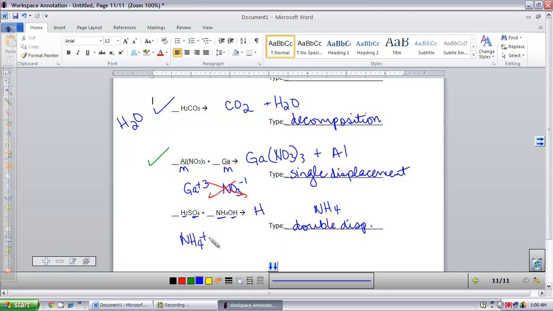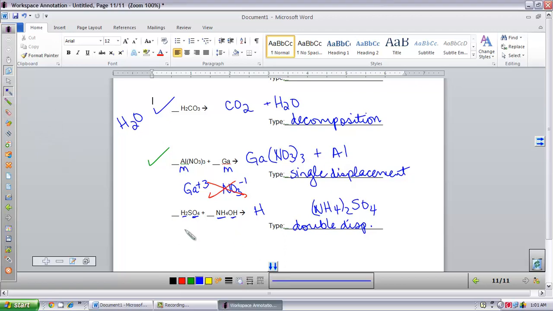Ammonium on that polyatomic chart has a +1. Sulfate has a -2. So we're going to crisscross those and have 2 ammoniums for every sulfate. Remember, sulfate is not 4, that's just part of the polyatomic.